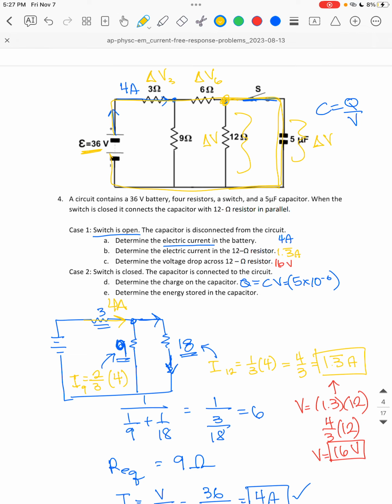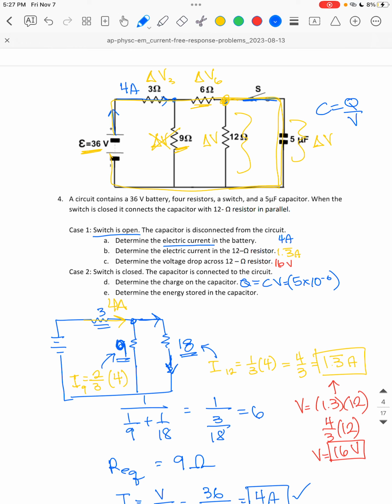You don't want to do this for the 9 volt. This is not going to be the same, and the reason why is because this voltage does not include the voltage drop through the 6 ohm resistor, and it's not going to actually be parallel or have the same voltage as the 12 and the 5. So let's figure out what the voltage drop is through the 12.